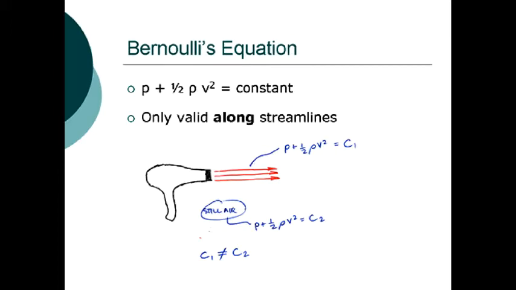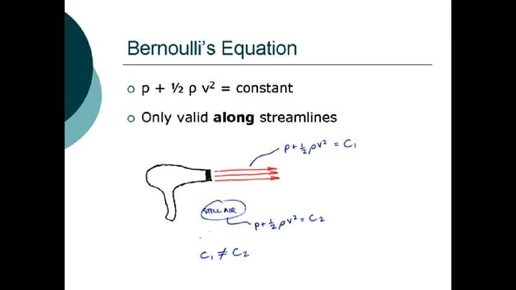If I call that constant C1 here, then for the streamlines down there, P plus half rho V squared is a constant C2. And what is very, very important is that in general, C1 and C2 are completely different.